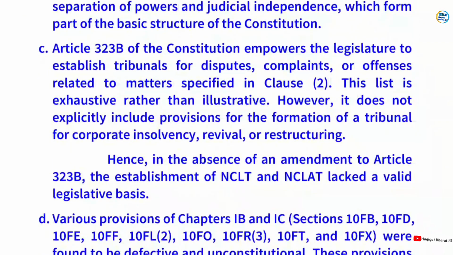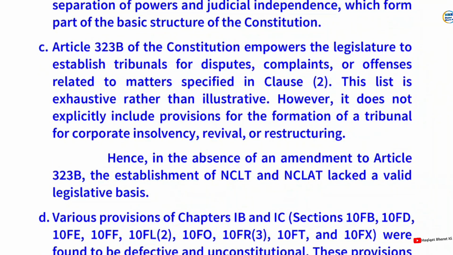Point C: Article 323B of the Constitution empowers the legislature to establish tribunals for disputes, complaints, or offences related to matters specified in Clause 2. This list is exhaustive rather than illustrative.